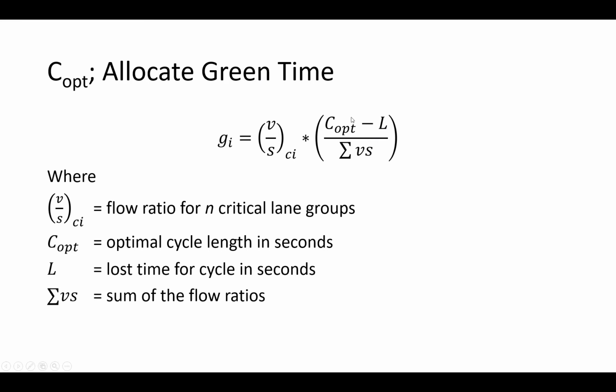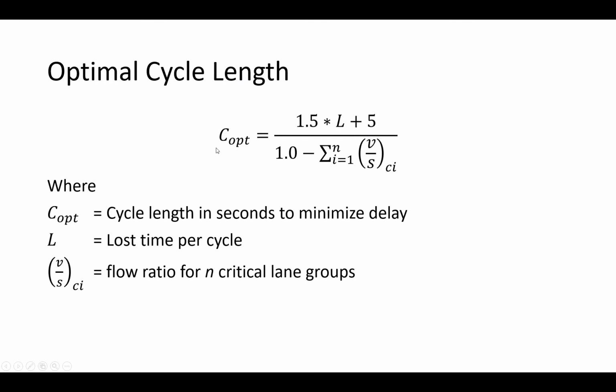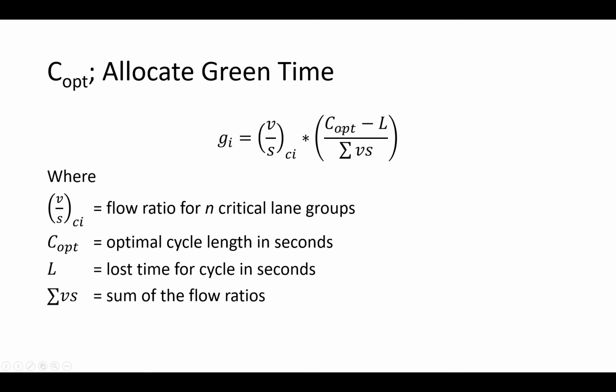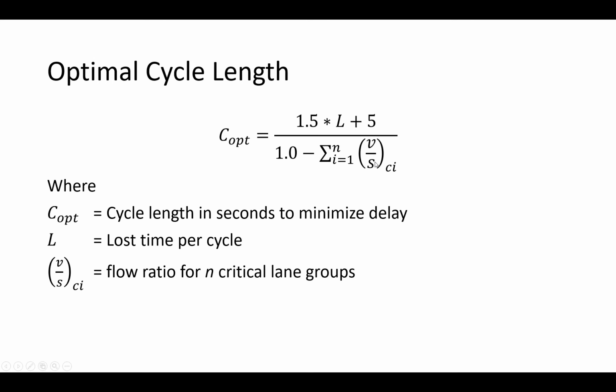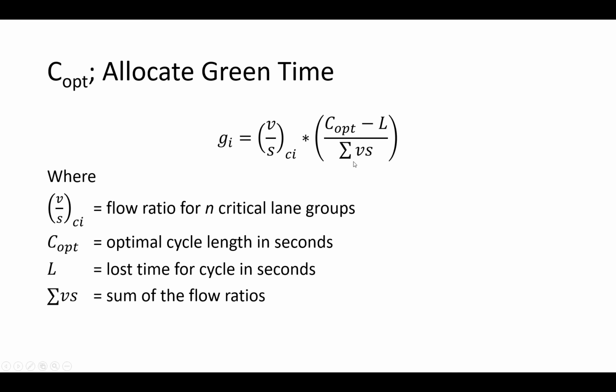And so you take the C optimum length we got from this equation, drop it in here, minus the lost time, and then you divide that by the sum of all the flow ratios from all of the lane groups. This is the sum of all those flow ratios for all the phases, and then you multiply it by the critical flow ratio for the phase you're looking at.